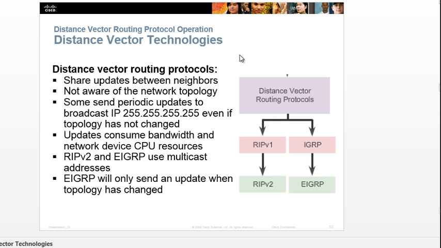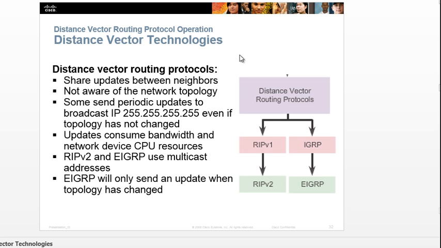So distance vector protocols are going to share the updates between neighbors, but they're not going to be aware of the network topology. They send updates to the broadcast IP of 255.255.255.255, even if the topology has not changed. The thing about these protocols is they send the update whether it's needed or not.